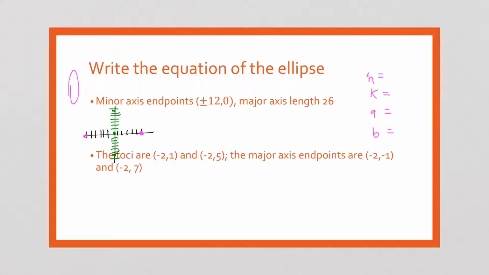So, major axis is 13, minor axis is 12, h is 0, k is 0. We said, because the minor axis is on the x, that tells us I'm going up and down for my major. So y squared plus x squared equals 1. Y squared is now going to get my a. 13 squared is 169. 12 squared is 144. And there's my equation.